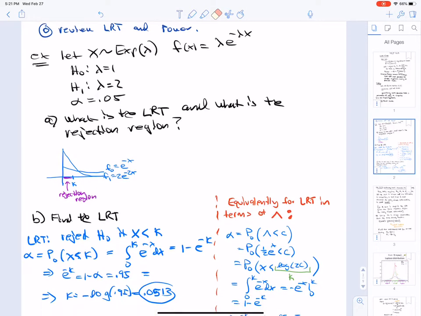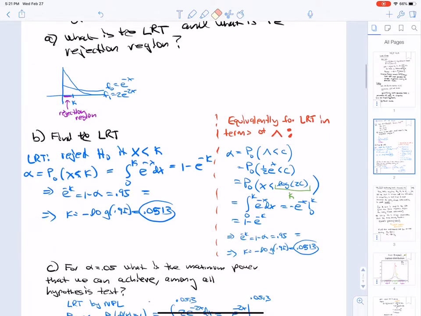You just need to draw the null and alternative distribution and look roughly at which side of your x-axis the null distribution is higher than the alternative distribution, which is clearly on the left side. So that's going to be our rejection region. So we know that we're going to be rejecting for x less than k.